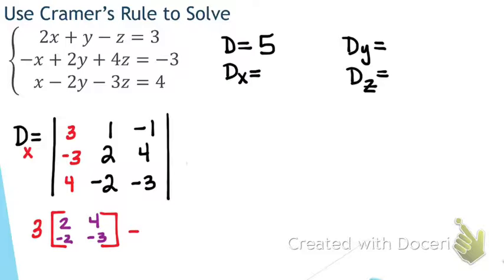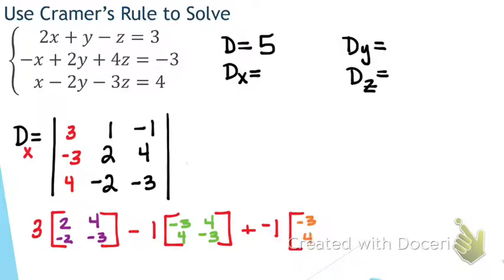And then it's -1 times those 4 numbers, plus -1 times, okay, so go ahead and find your determinant.